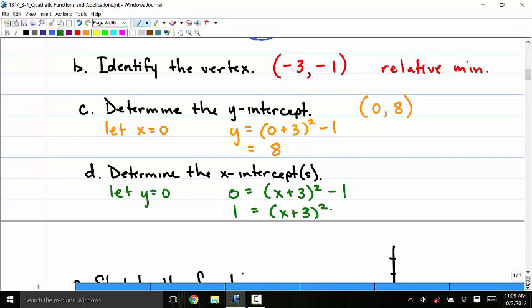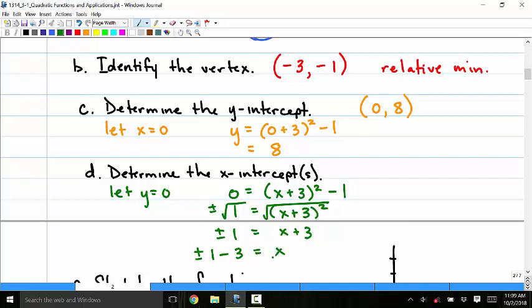Then I'm going to take the square root of both sides. When I do that, I have to put plus or minus out front on the left. So I get plus or minus 1 equals x plus 3. Subtracting 3 from both sides, I get plus or minus 1 minus 3 equals x.